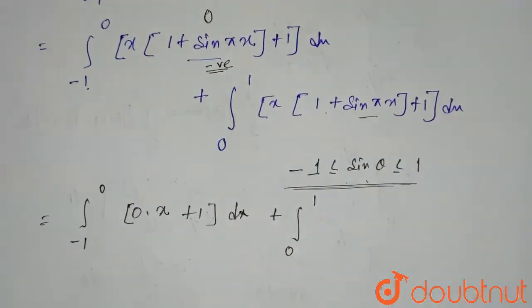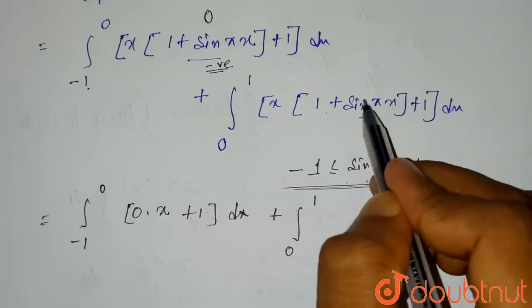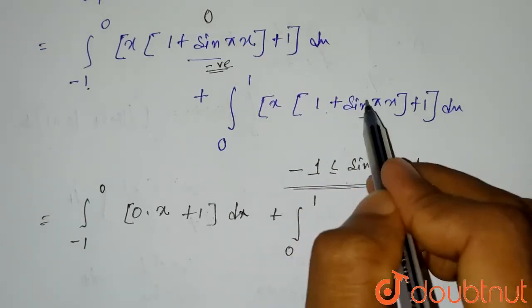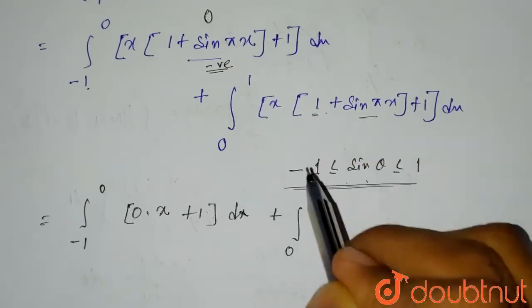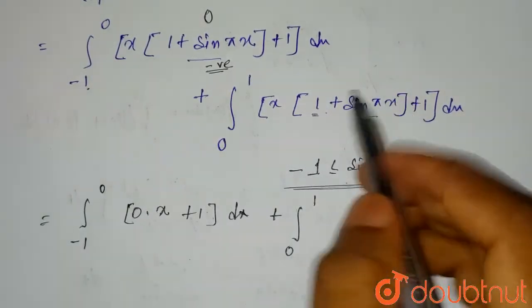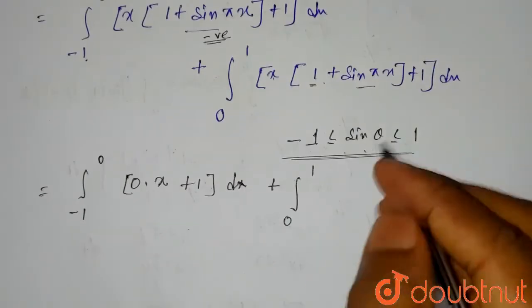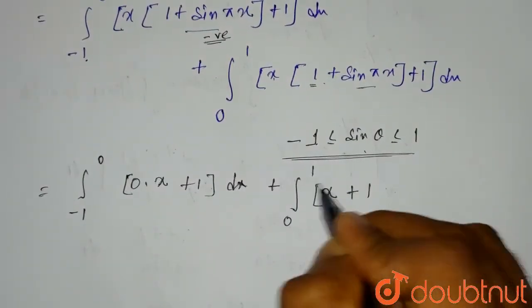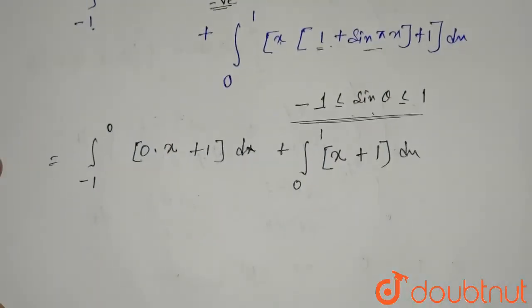So 1 plus something will not be more than 2, it will be 1 point something, so the greatest integer here will be 1 only. So it will be [x into 1 + 1] dx.